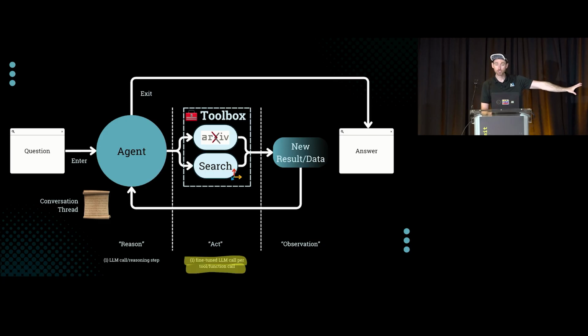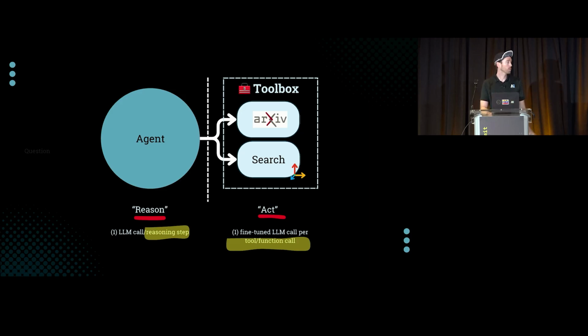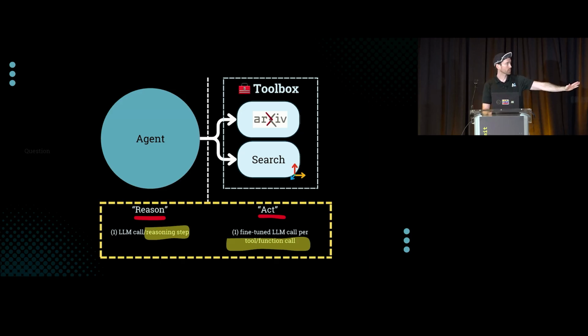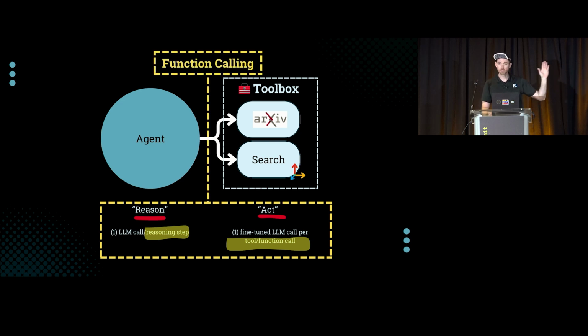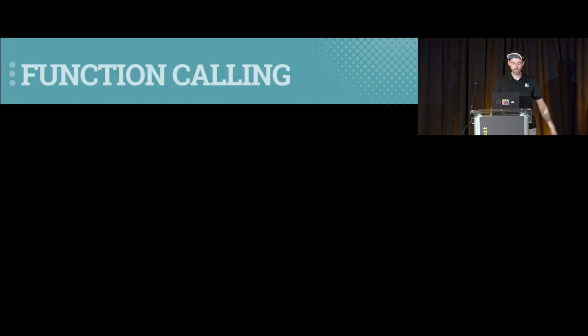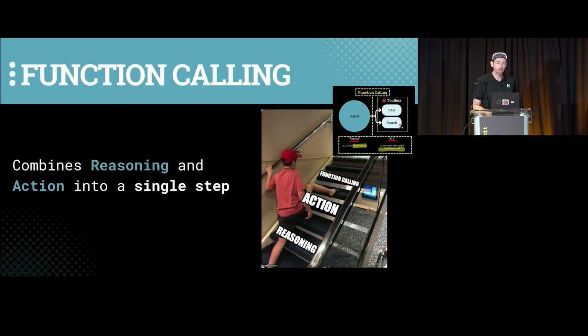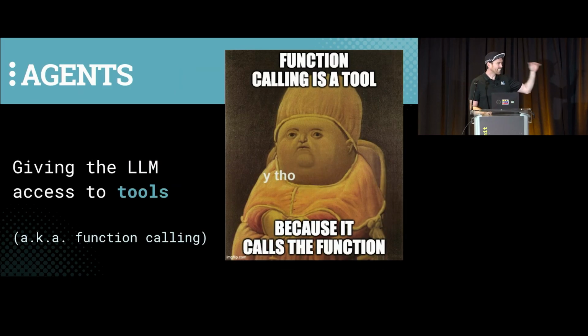So this fine-tuned model that calls the tool for us, what's really going on? Well, it's actually doing ReAct, the reasoning and action at once. That's called function calling. We already saw this earlier, right? The function calling itself is reasoning and action in a single step. Function calling is a tool because it calls the function.